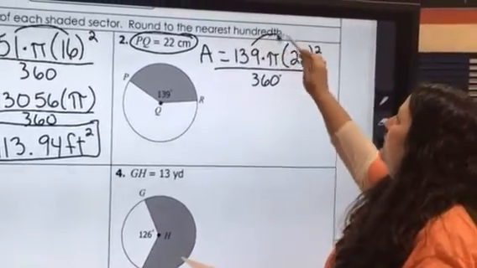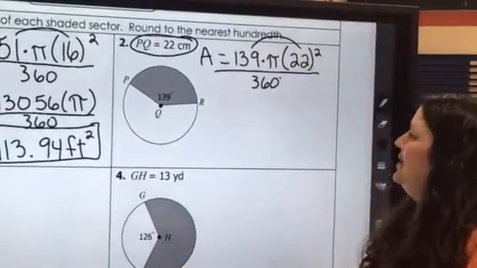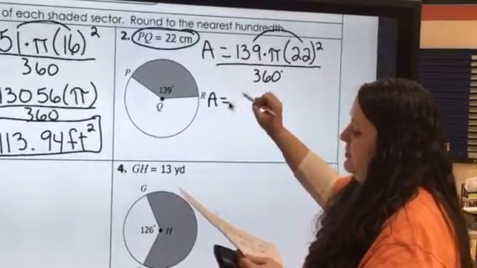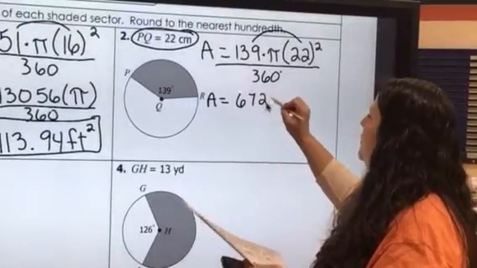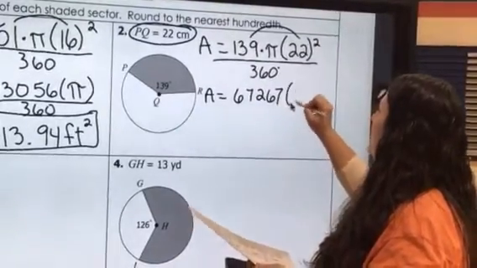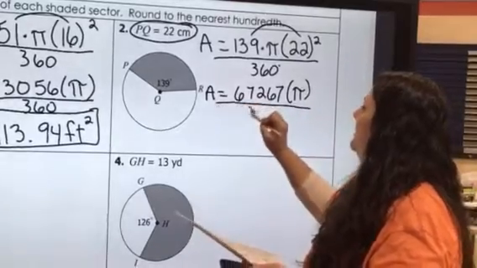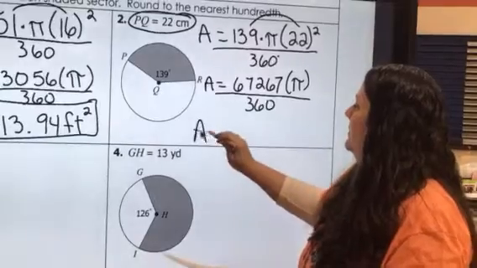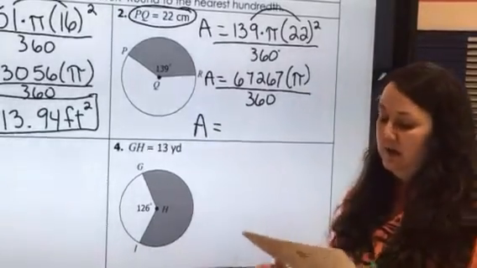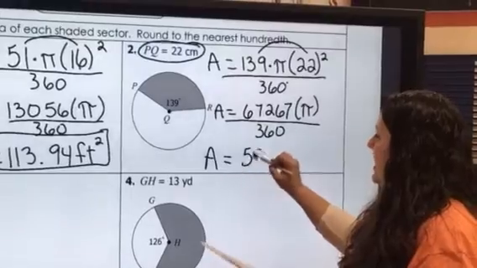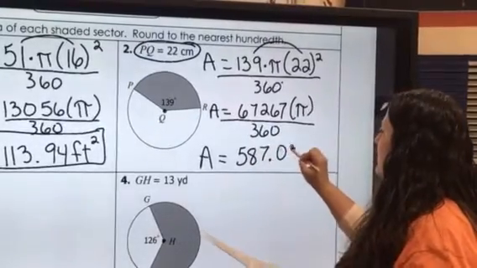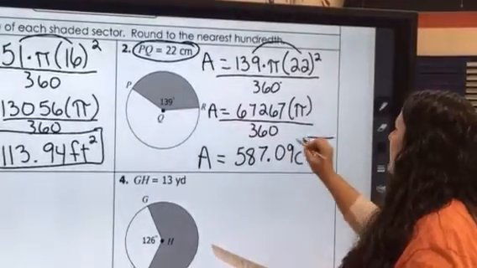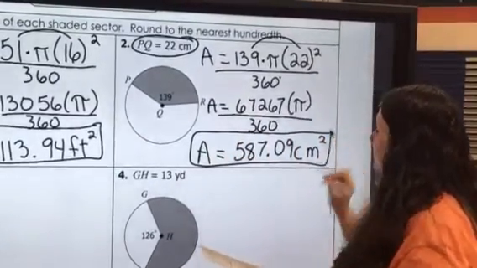Again, if we do the first and the last first, 139 times 22 squared, we get 67,276. We multiply that times pi, divide it by 360, and we come up with 587.09. We're doing centimeters, so it's centimeters squared.